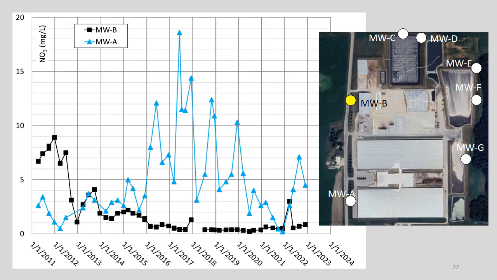So we wanted to find out really what was going on. We looked at these two upgradient wells, A and B, and you can see they behave very differently. With B, we think the groundwater wasn't even flowing to the east. But A had some fairly high values.